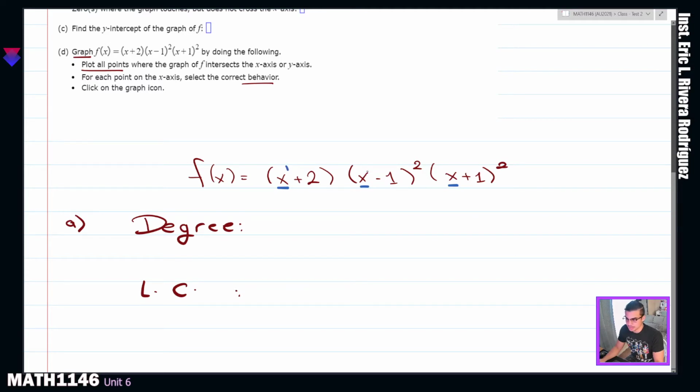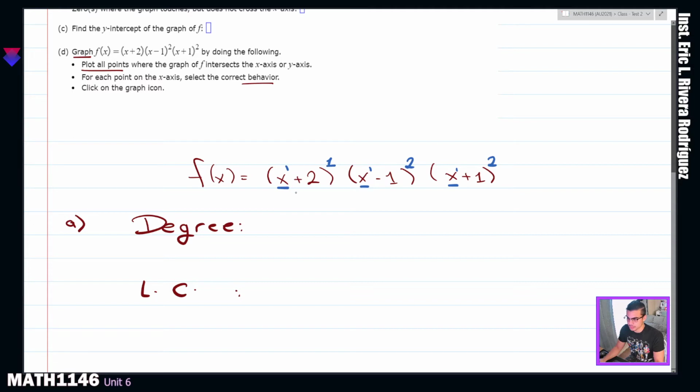The x variable contains an exponent of 1. So we need to take into consideration the degree of those factors and the exponent that is on top of the factors, on the closing parentheses.